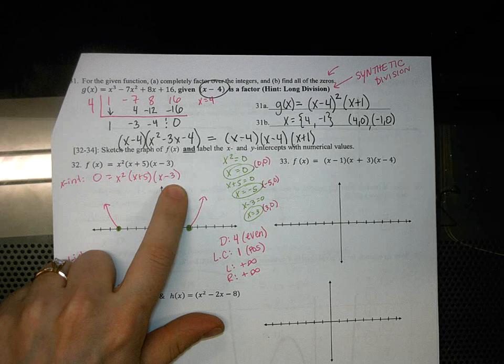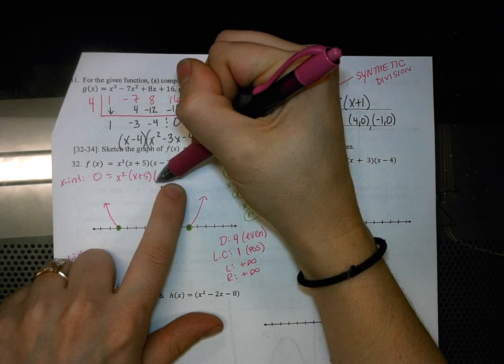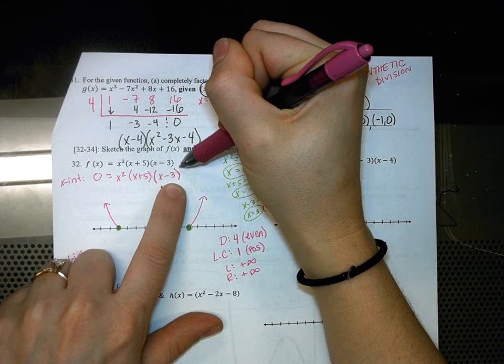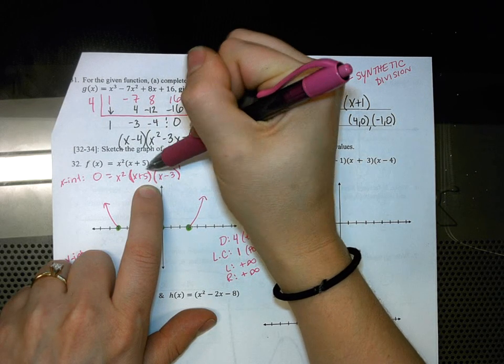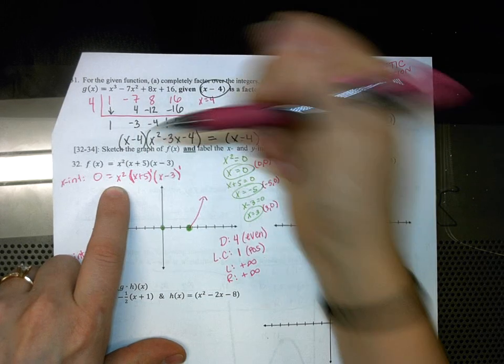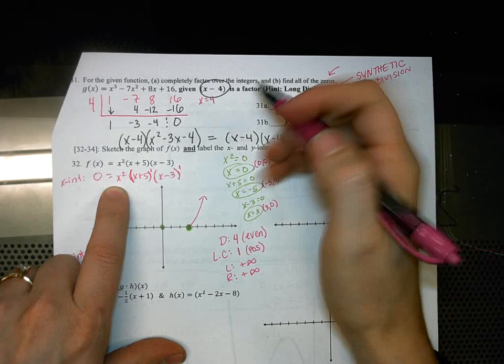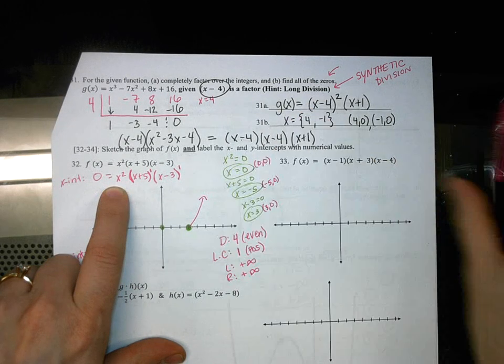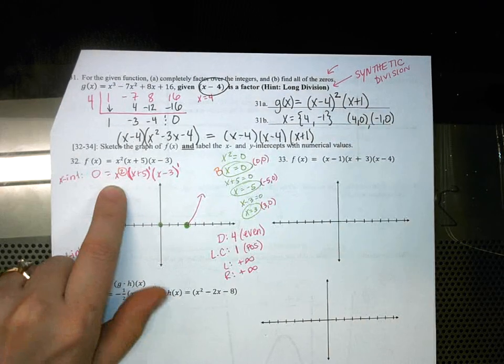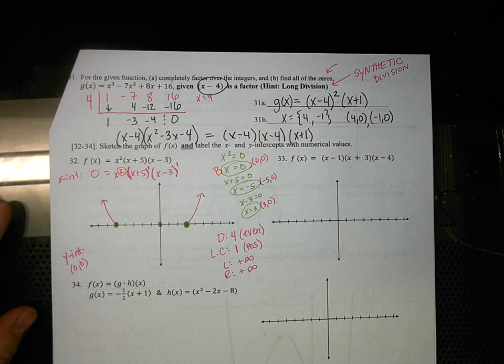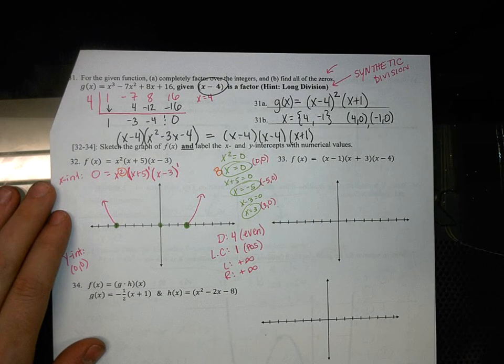This binomial is to the first power. This binomial, or factor, is to the first power. The first factor is to the second power, so that one is going to be my bounce because of that x squared. So we're going to bounce off 0, 0. Everything else is going to be a pass.